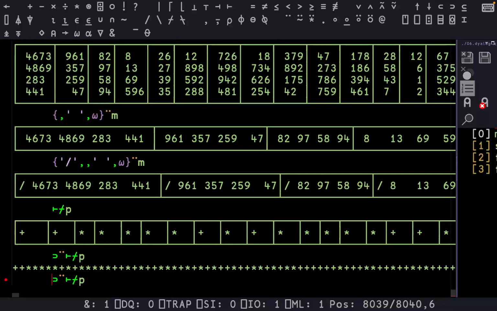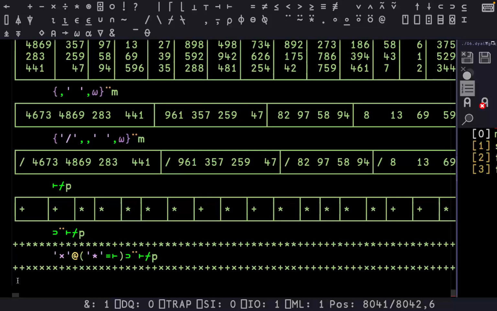If we want to use this in eval, though, the problem is that APL has a special character for multiplication, so we'll have to replace it. We can do equals right tack like this, and we'll replace it with the APL multiplication character, like so.